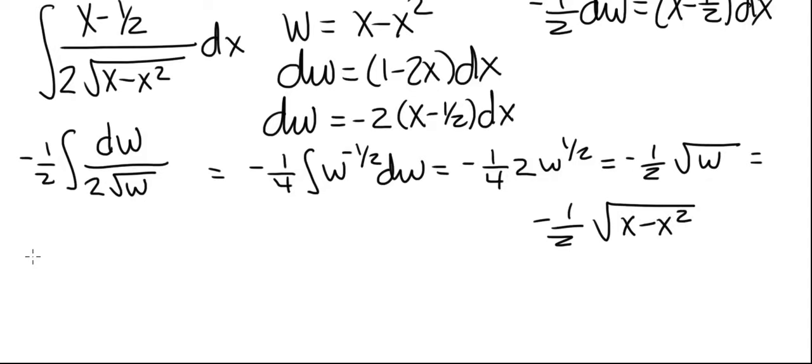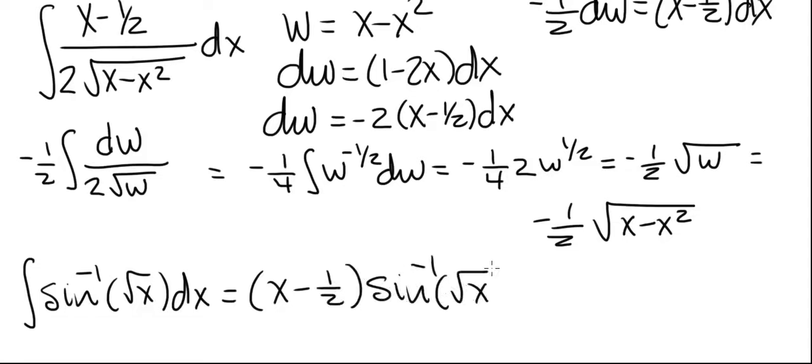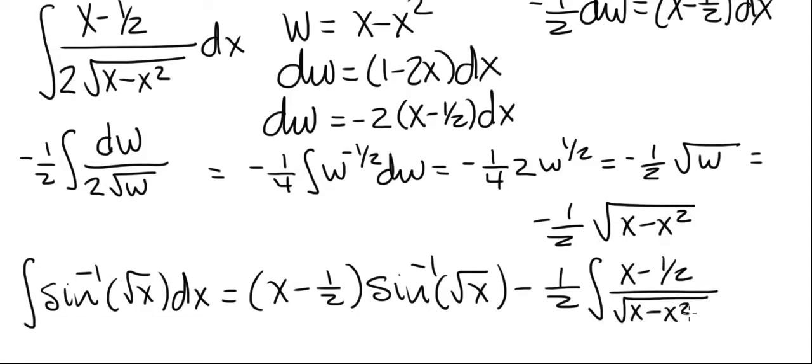And returning to our integral, the integral of inverse sine of square root of x was equal to x minus 1/2 times inverse sine of square root of x minus the integral of x minus 1/2 over 2 times the square root of x minus x squared. We just evaluated this integral.